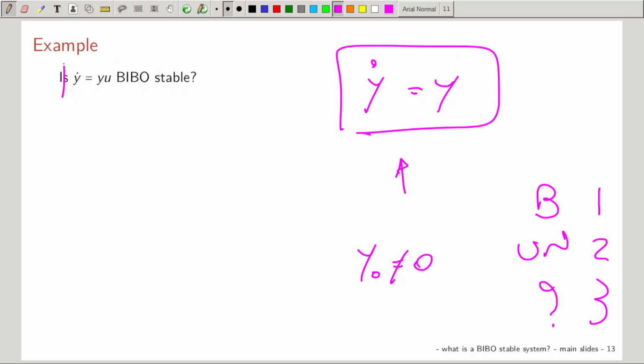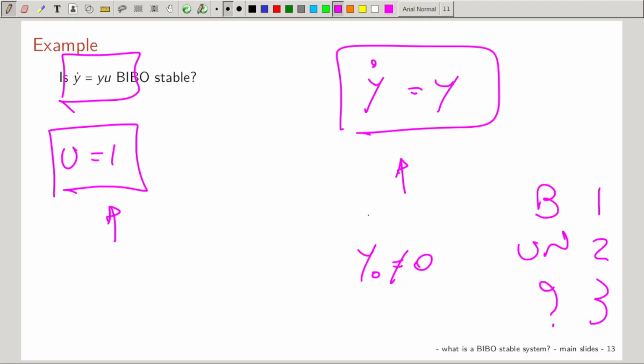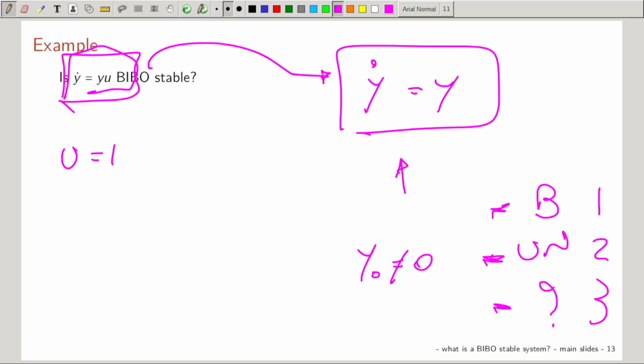If I take this system here and I put u equal to 1, am I choosing a bounded or unbounded input? U equal to 1 is very much bounded, true? If I take this input here, doesn't it collapse onto this one? U equal to 1, y times 1, y, true? So I take a bounded input and I get a system whose trajectories are unbounded.